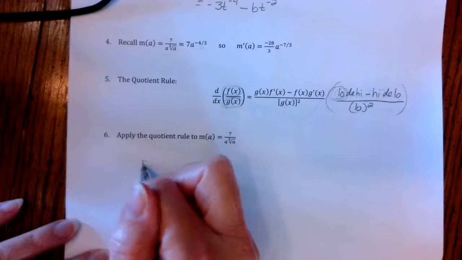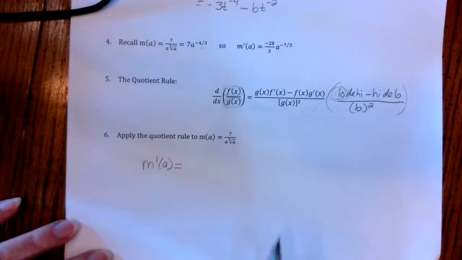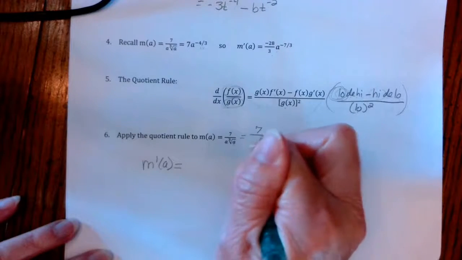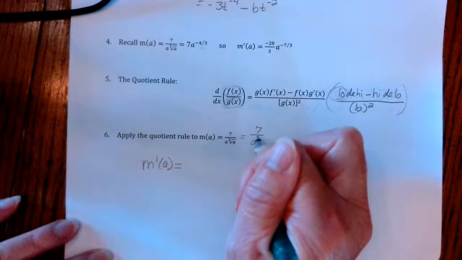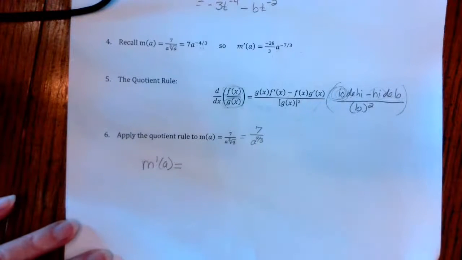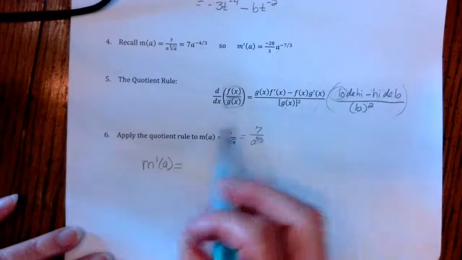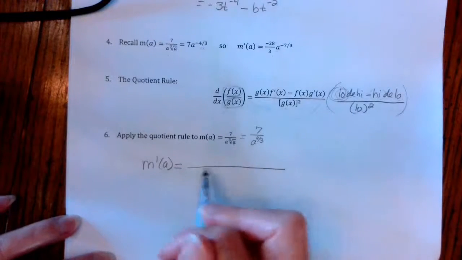To apply it here, I'm going to say m prime of a equals, and I'm kind of looking ahead, and I'm going to change this quotient so that it's 7 over a to the 4/3. That way I can use my power rule and not have to use a product rule within a quotient rule. Anytime you can simplify, it's a good thing. All right, I start low.